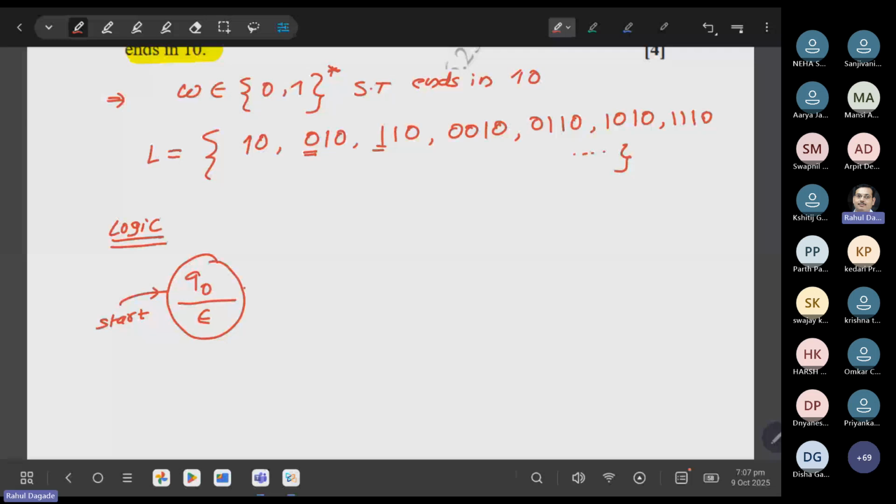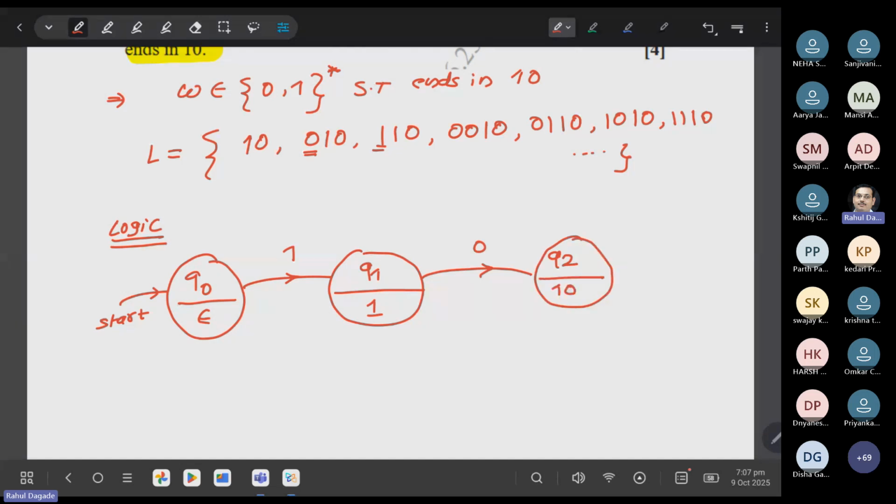So if I get 1, then let us come to the next state Q1, which indicates I have got 1. Now if I get 0, then let us come to the Q2 state, which indicates that I have got 1 0.